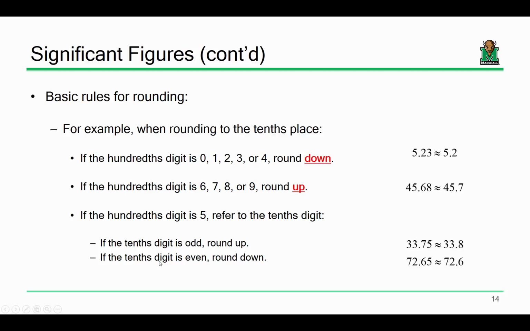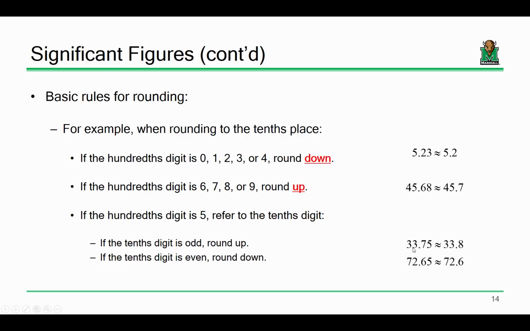You might have in the past been in the habit of always rounding up for 5. But the reason why this rule is sometimes suggested is that you don't want to have your data be lopsided. If you were rounding a lot of different things and always rounding up, then your answer at the end would be artificially too high. So by alternating back and forth between rounding up and rounding down, depending on whether it's even or odd, you prevent a bias that's always going in the same direction.